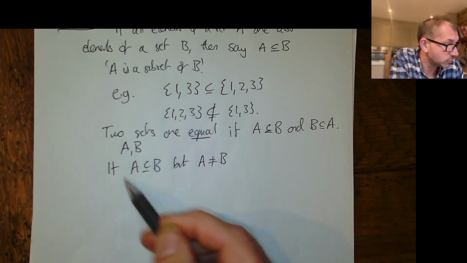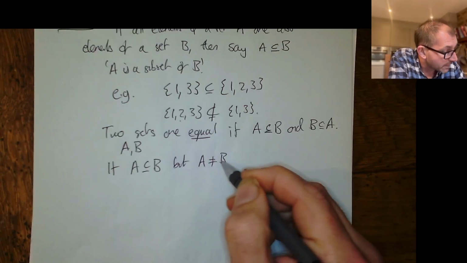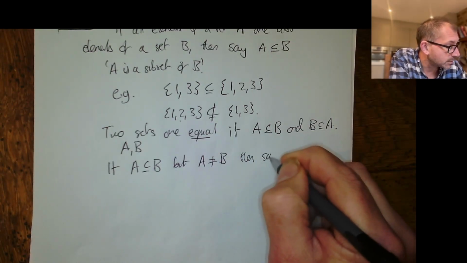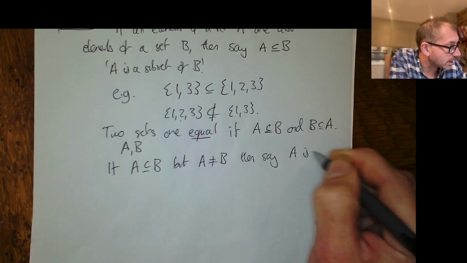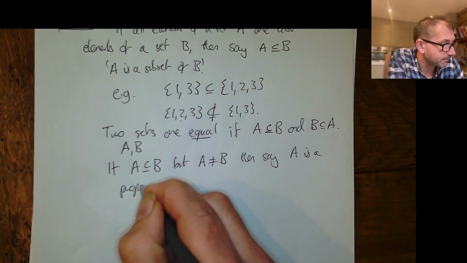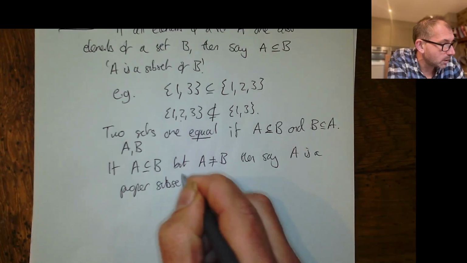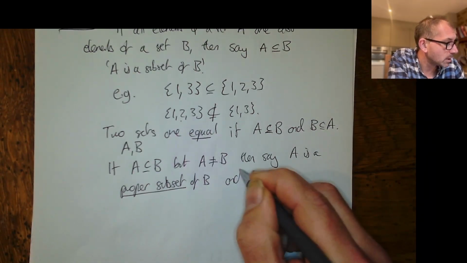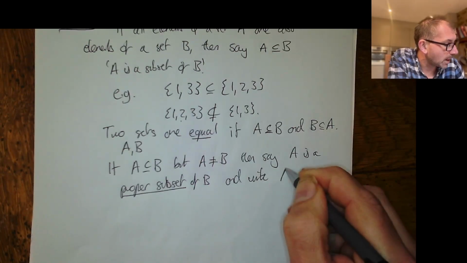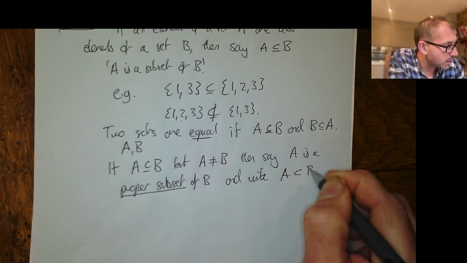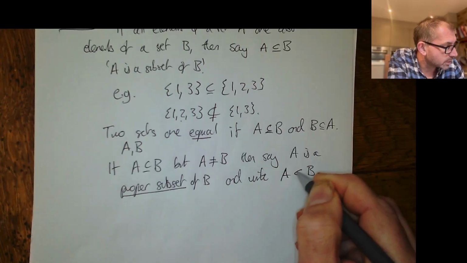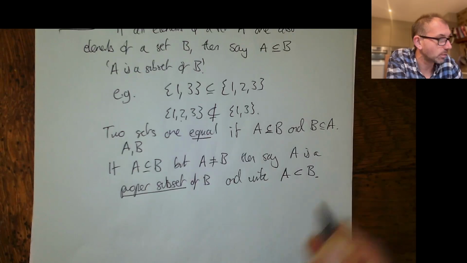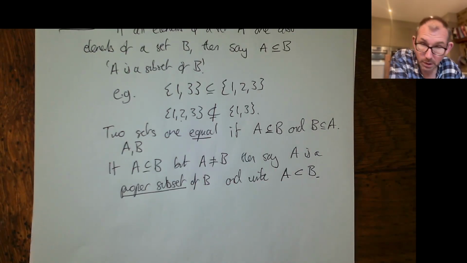So A is strictly smaller than B. Then you say that A is a proper subset of B. And we write A, and then you just put this symbol, but without the thing at the bottom. It's going to say that A is a proper subset of B. Okay.